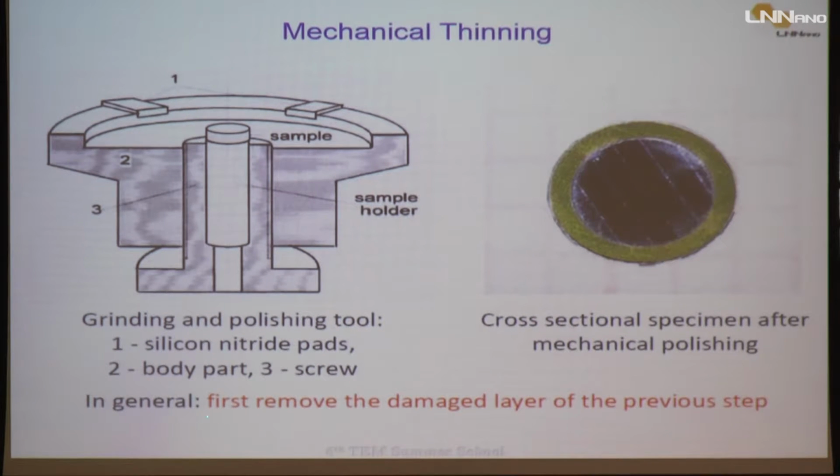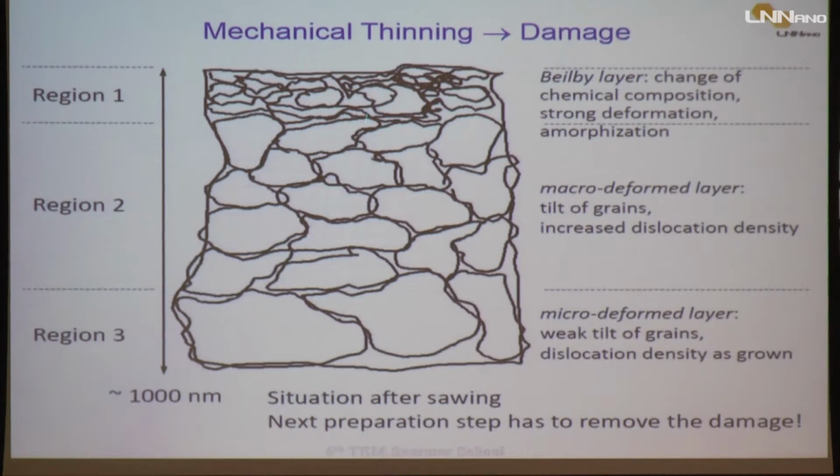And then we will now need to remove the damaged layer of this step here, okay? Because when you do this polishing, you attack a lot the structural properties of your material. And then you have something like this, okay?